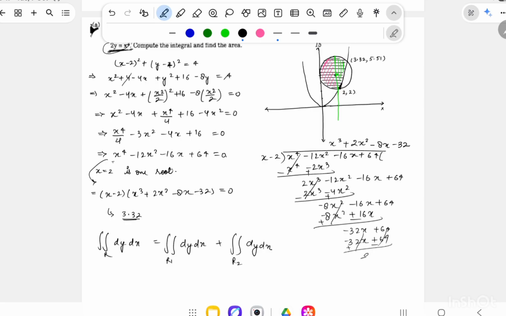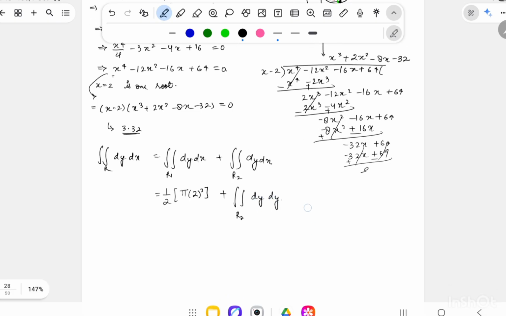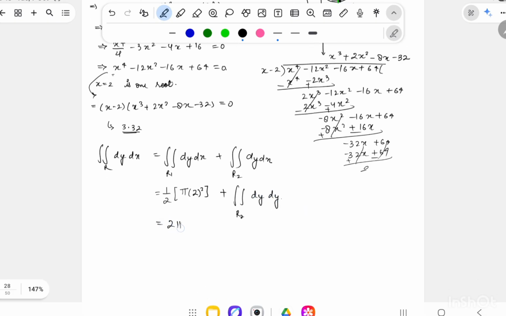So I can just directly take half of the area of the circle, and the area of the circle is pi r square and radius is 2, so pi times 2 square, plus I need to evaluate the area over region R2, that is dy dx. So it is equal to 2 pi plus integration over region R2.